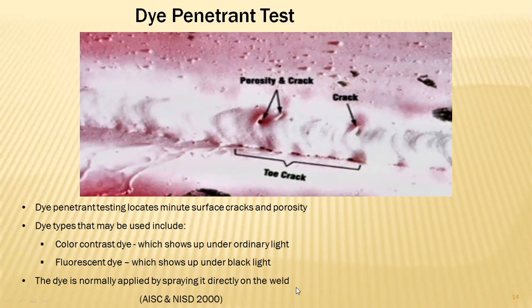The dye is normally applied by spraying it directly on the weld. So if butt welding type joints or lamellar type joints, different types of joints are considered, and if any porosity is happening excessively it will be identified, and that can be rectified to a perfect dimensional accuracy.